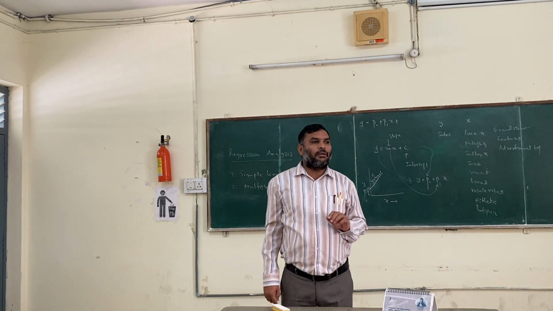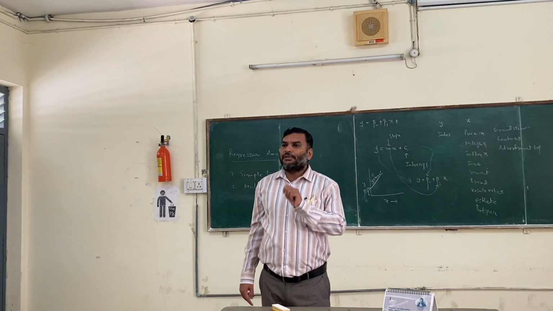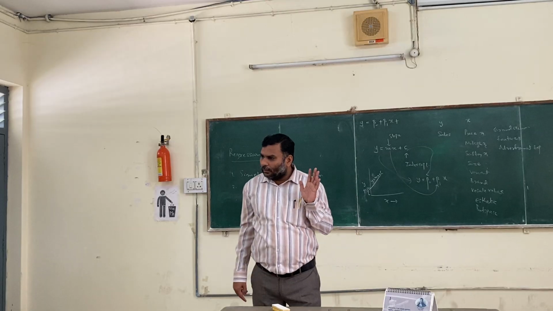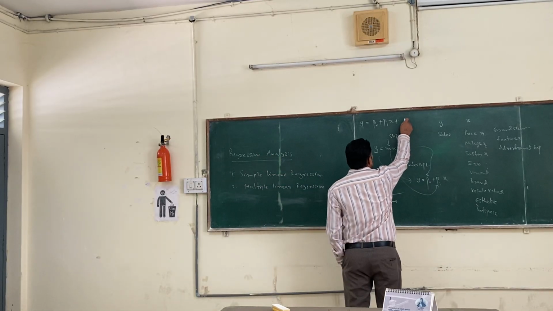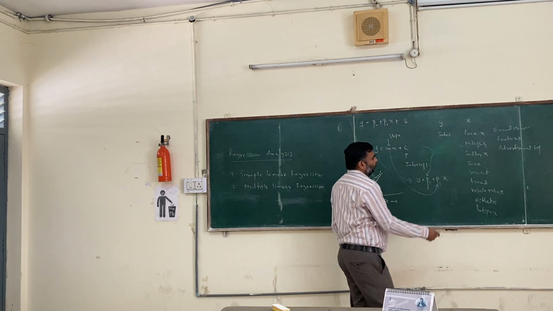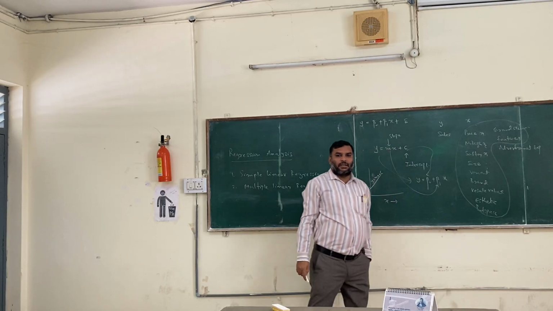Epsilon is nothing but the cumulative effect of all other variables which are affecting the sales of a car, but which I have not considered in my model. So I will write epsilon as the cumulative effect of all the variables I have not considered in my study.